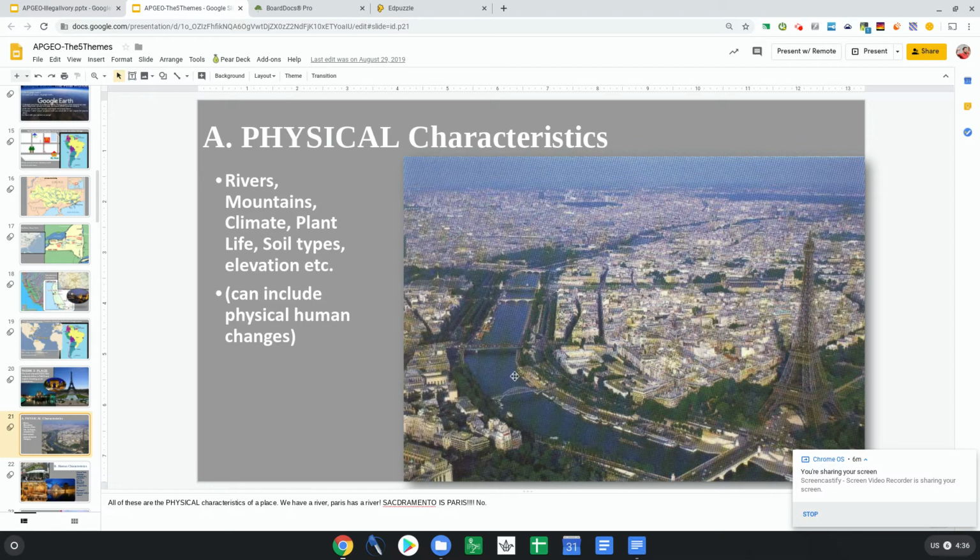The canals in France are man-made, and it gives them a unique feel, right? But we have a canal, they have a canal. Are we the same place? No. We are similar locations in that way, but we have totally different feelings and spirits, maybe is a way to say that. So we call that place, and that's a physical place.